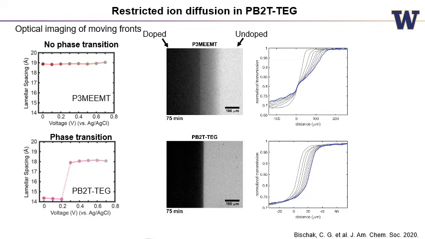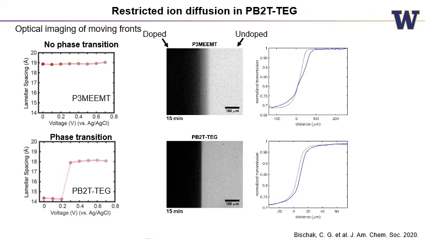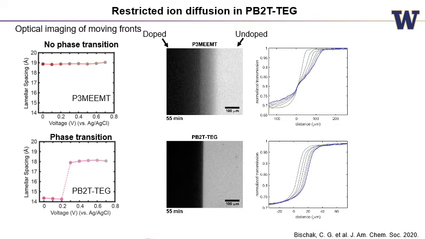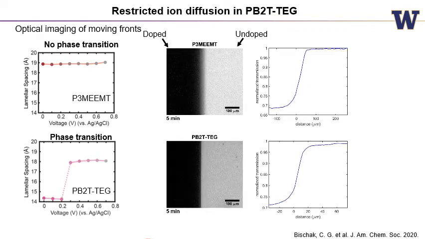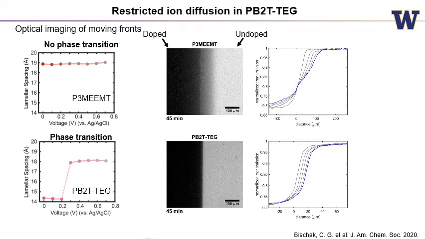Yet PB2TEG has this sharp interface, which we believe is due to the fact that the phase transition is actually limiting ion diffusion in the film. So in the top case, we have P3M-EMT, where ion diffusion is just limited by the intrinsic diffusivity of the ions, whereas in PB2TEG, we see that the phase transition is probably limiting ion diffusion.